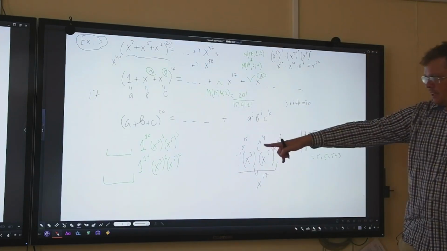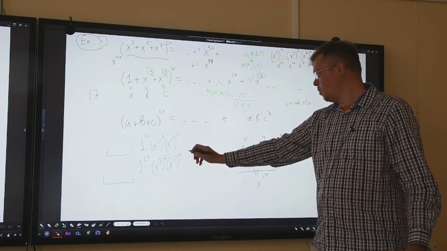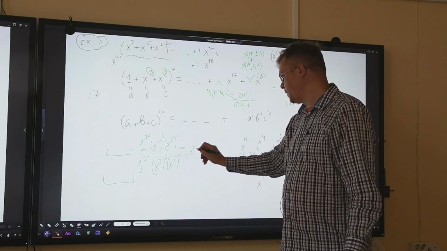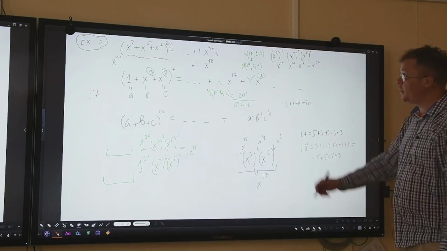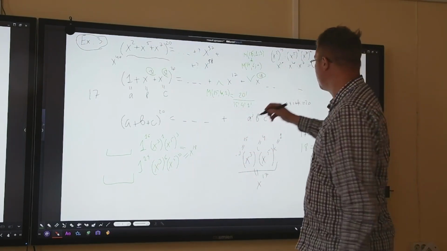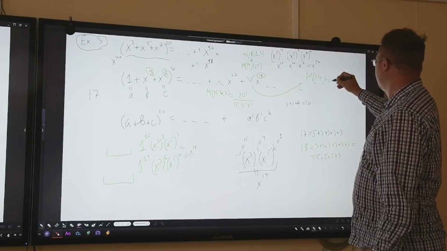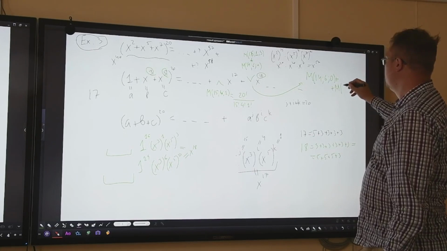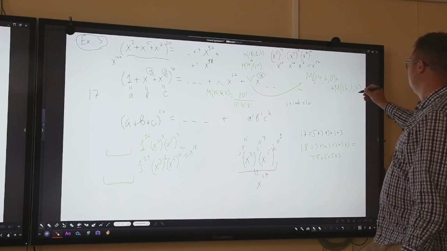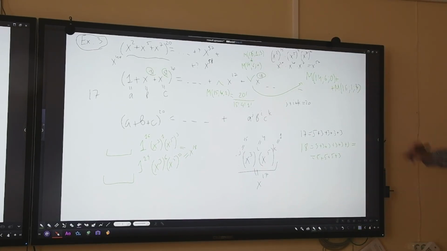This will also be equal to x to the power 18. So as the answer, I need to take the sum of it, so the answer will be m of 14, 6, 0 plus m of 16, 1, 3. Okay.